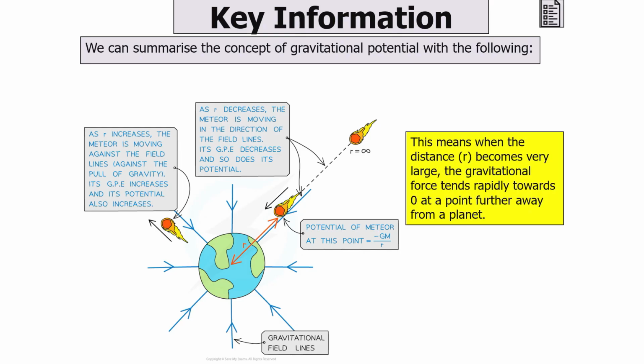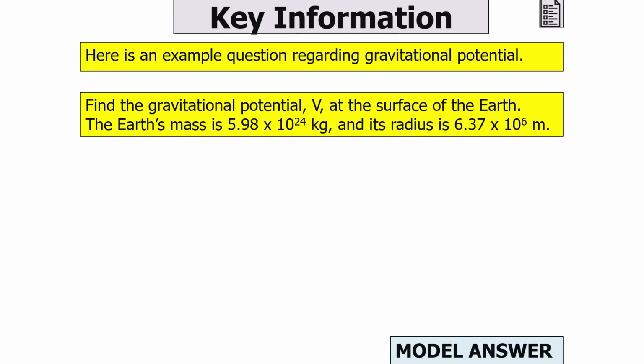Now, also, when the distance r becomes very large, the gravitational force tends rapidly towards zero at a point further away from a planet. Now, here's an example question regarding gravitational potential. Find the gravitational potential V at the surface of the Earth.